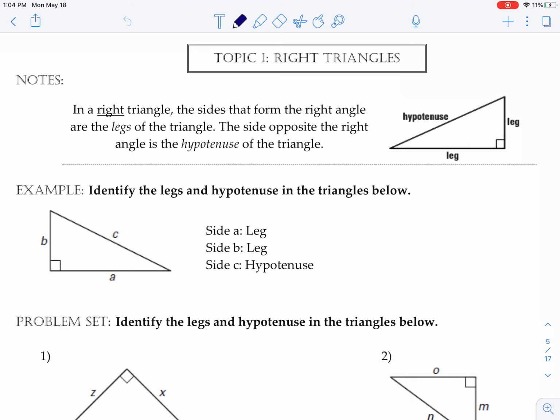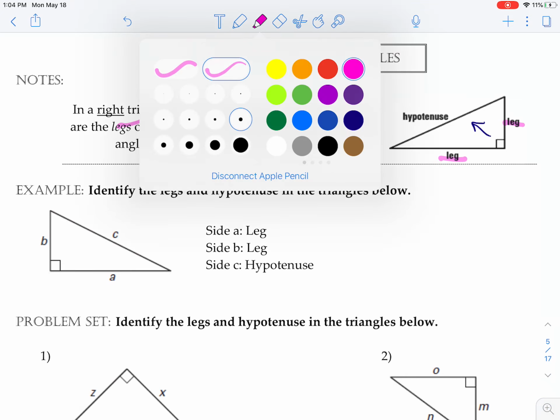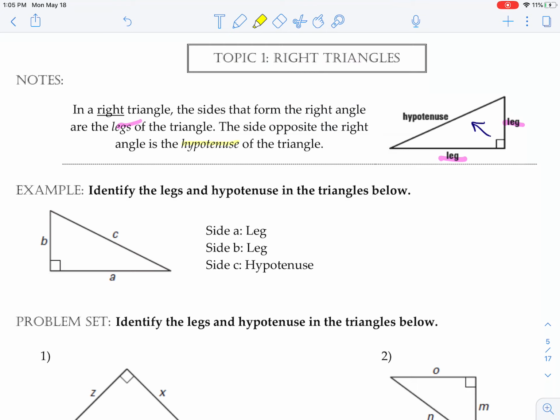In a right triangle, the sides that form the right angle are the legs, as shown. And the side opposite the right angle, opposite where you can draw an arrow through the triangle, is the hypotenuse. So here's our hypotenuse, here's our legs. We have to identify the legs and the hypotenuse of the right triangle, and it's actually done for us.